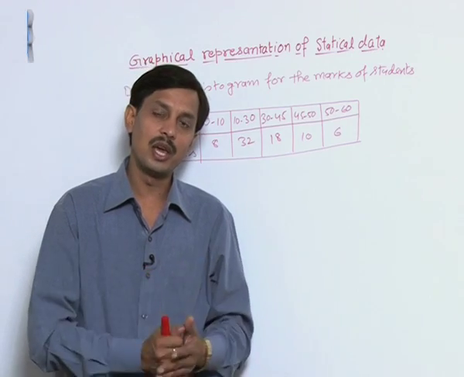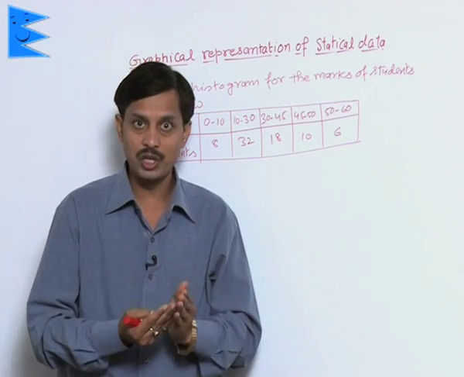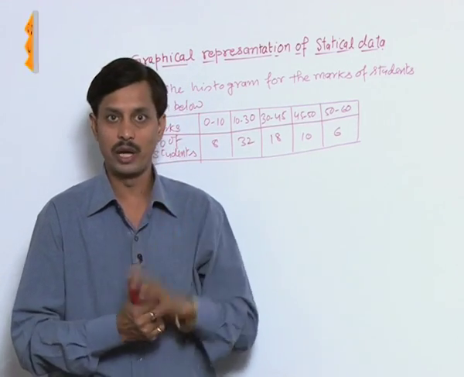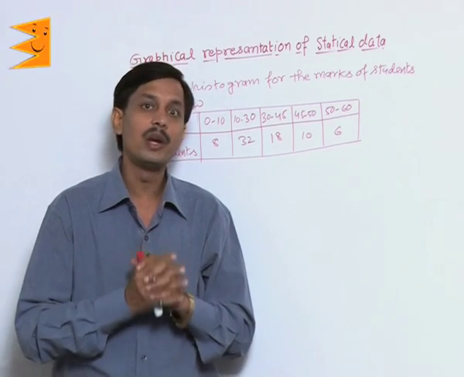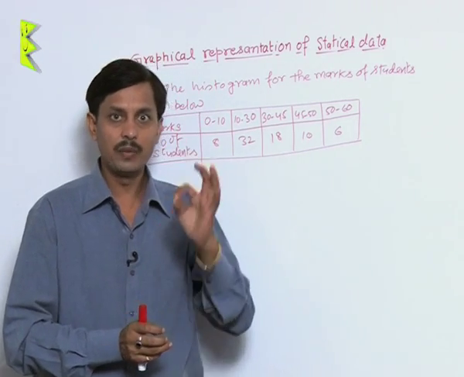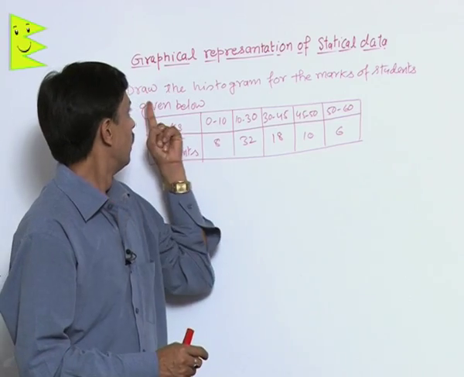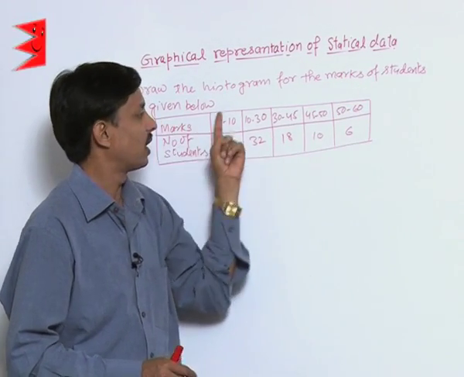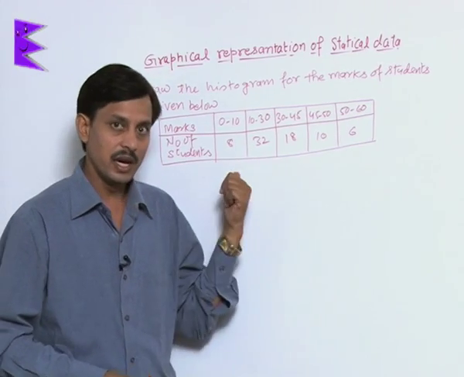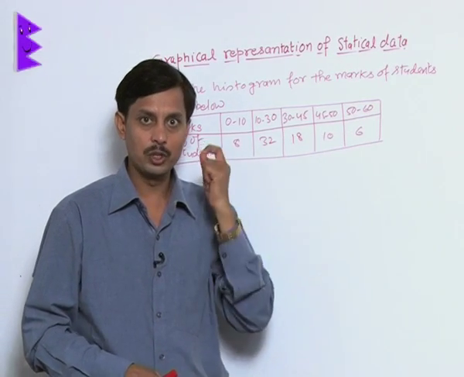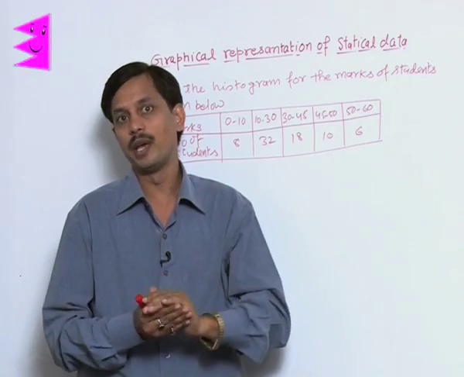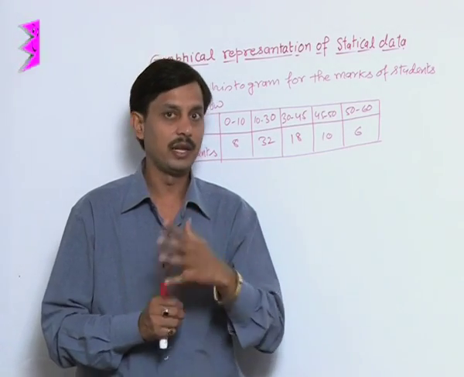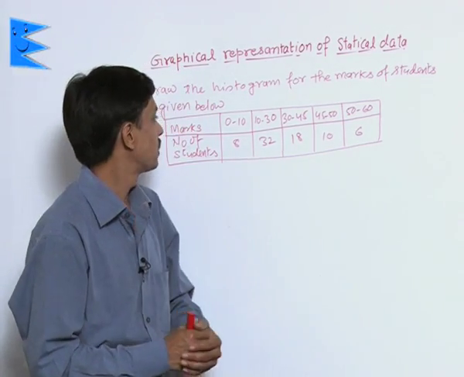In this case, what is the procedure to draw the histogram that needs to be noted? Understand first: draw the histogram for the marks of the students given below. Here a table is given showing the marks scored by a few students in a class for a test.